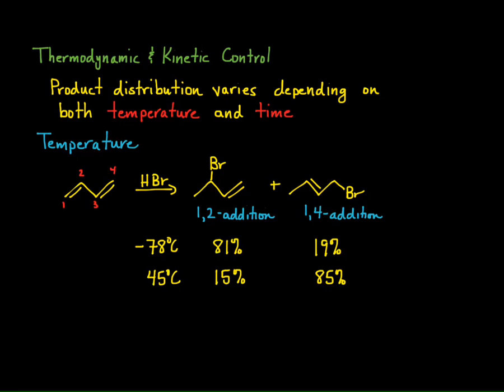Now, the second factor is time. And so what we see is that if I take 3,4-dichloro-1-butene, essentially we can think of this as the product of chlorination of 1,3-butadiene, right? So this would be a 1,2 addition product of the 1,3-butadiene.